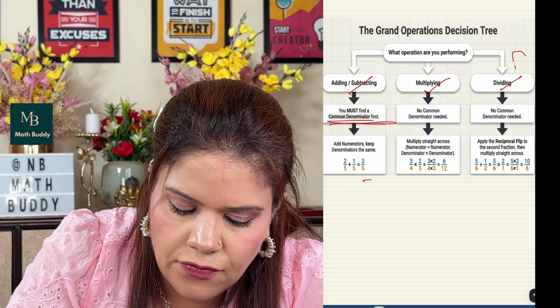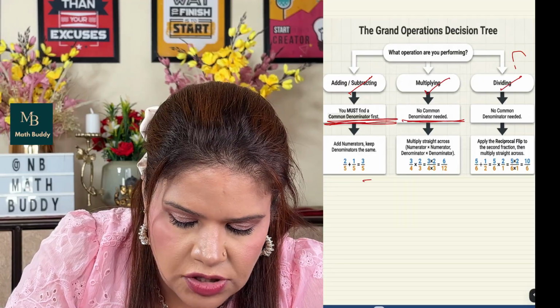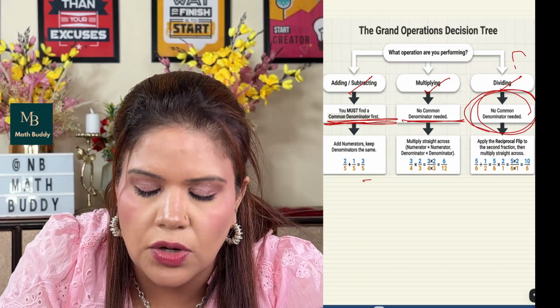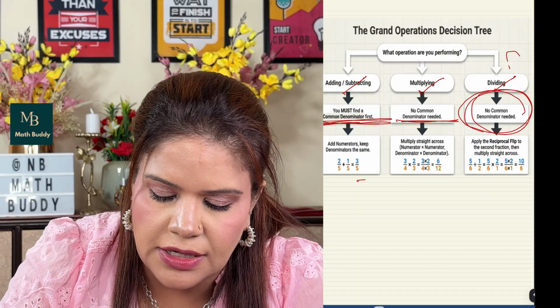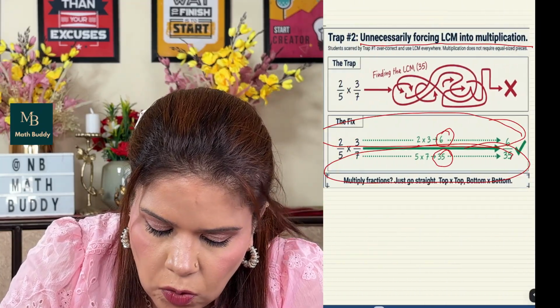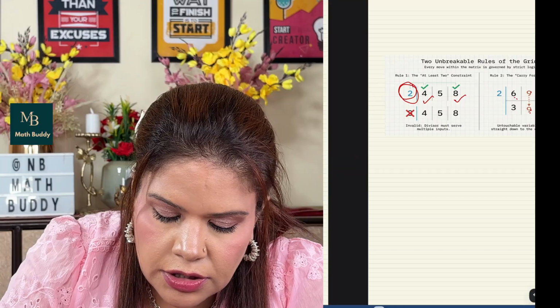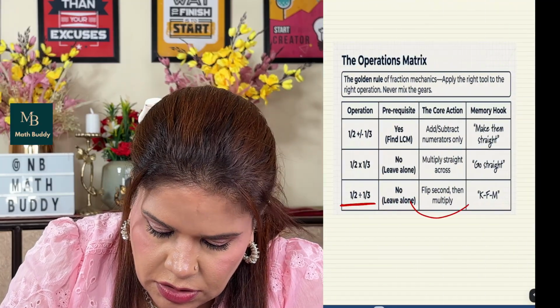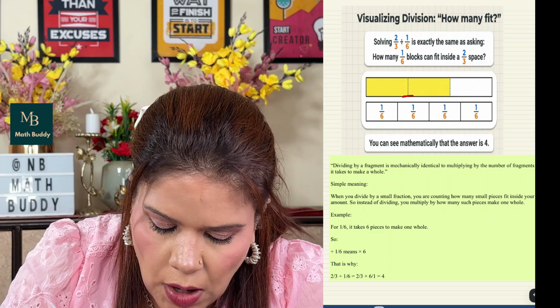Here you have to have LCM. LCM is not required when dividing, there is only flipping required. So now I am explaining to you about division, why we are flipping it. Now try to understand.